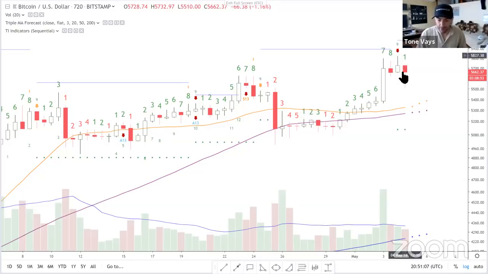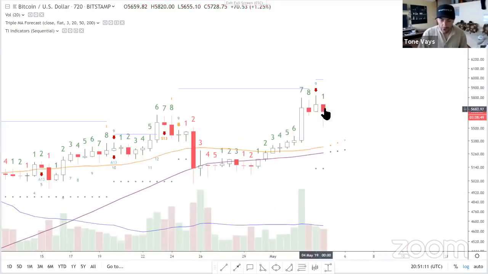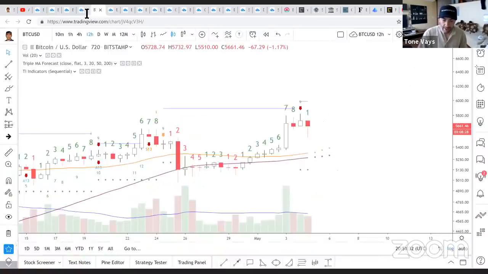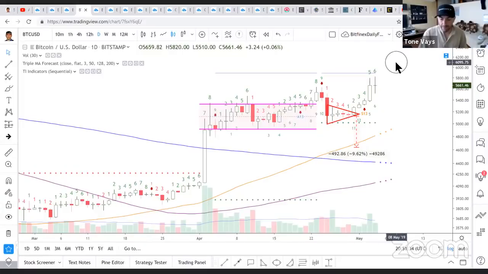So maybe the 12-hour chart will make it to another 9. Maybe the 12-hour chart will make it to the sequential 13, like here, where we're reversed on a 13. The thing is, the next time the 12-hour gets a sequential 13 and potentially another 9, maybe even 2 more, it can perfectly align with the daily 9 top in 3 days from now, okay?